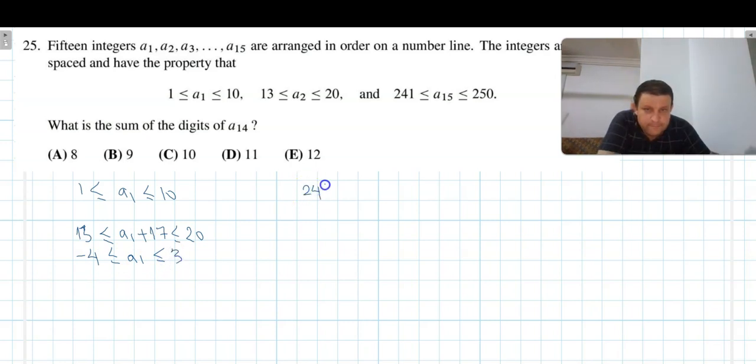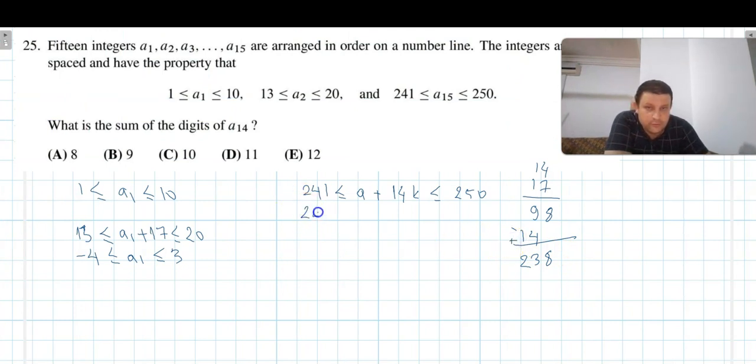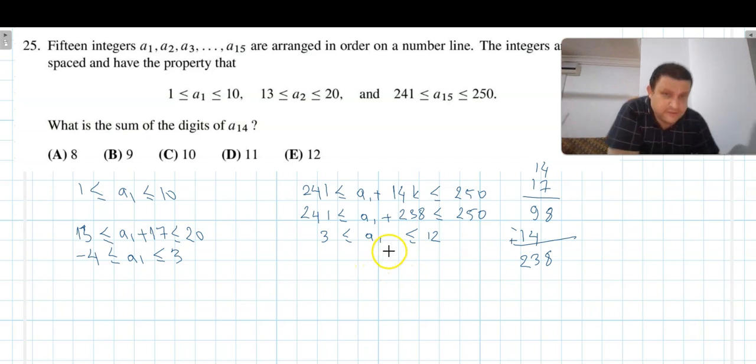Then 241 is less than or equal to A1 plus 14K, which is at most 250. 14 times 17 is 238. So 241 less than or equal to A1 plus 238 less than or equal to 250. Subtracting 238, A1 is greater than or equal to 3 and less than or equal to 12.